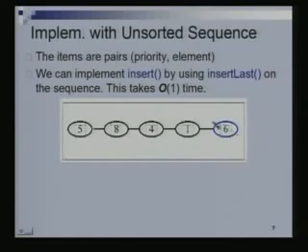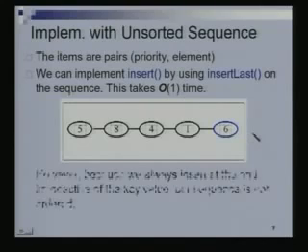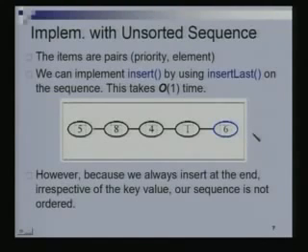In this case 6 was the element to be inserted. We put it at the very end, and this takes only a constant amount of time. But if we always insert at the end irrespective of the value of the priority, then our sequence is not ordered anymore.